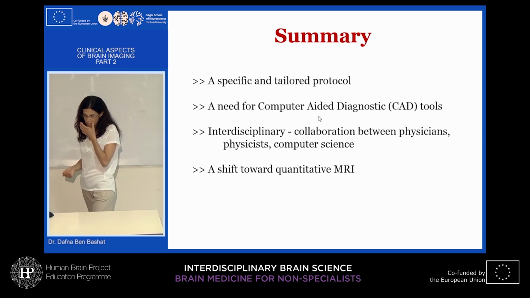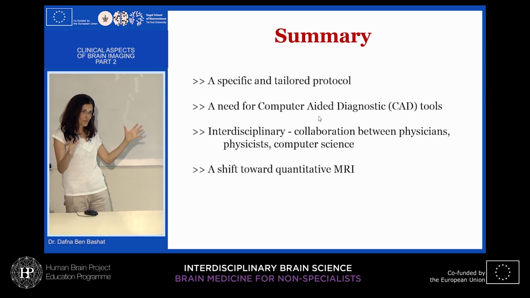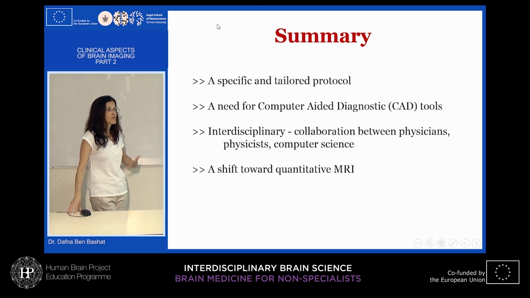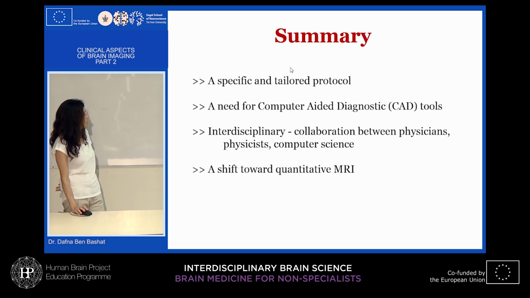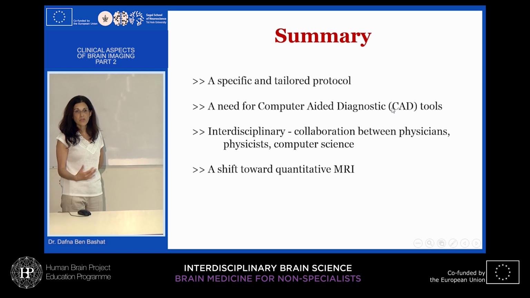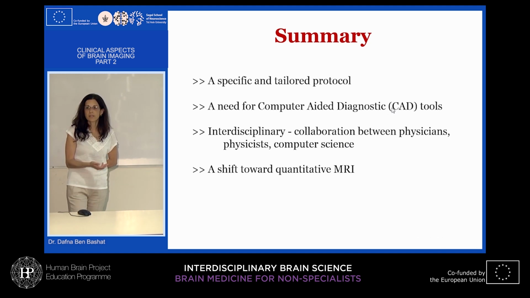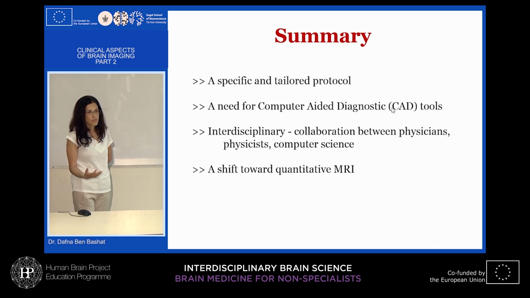There is a lot of work by big companies like IBM, you've heard about robotic medicine. They try to assist radiologists, not to replace, but to assist. It's a very interdisciplinary collaboration. We need physicists, physicians, computer scientists, biologists, neuro-oncologists. So it's something that is never standalone.